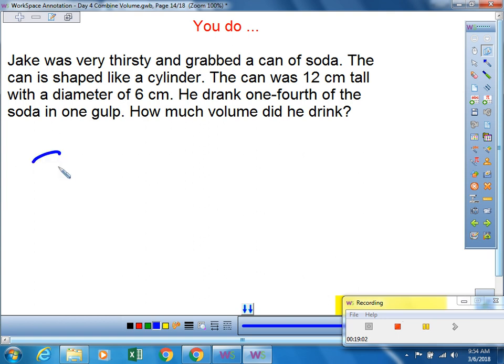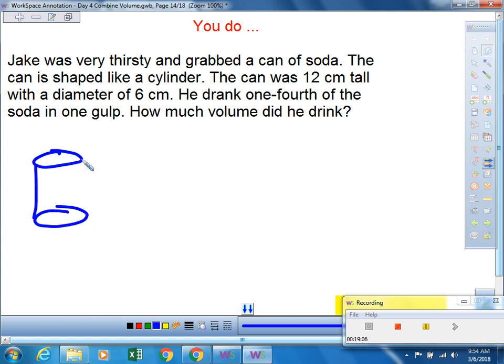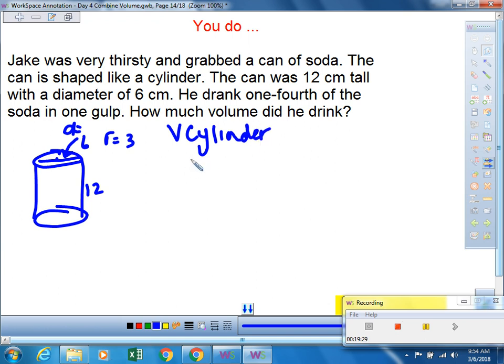Figure out the volume of your soda. So it says it's shaped like a cylinder. And it gives me, the can is 12 centimeters tall, and a diameter of 6. So 6 is the diameter, so what's the radius? 3. So the volume of the cylinder is going to be pi r squared h.